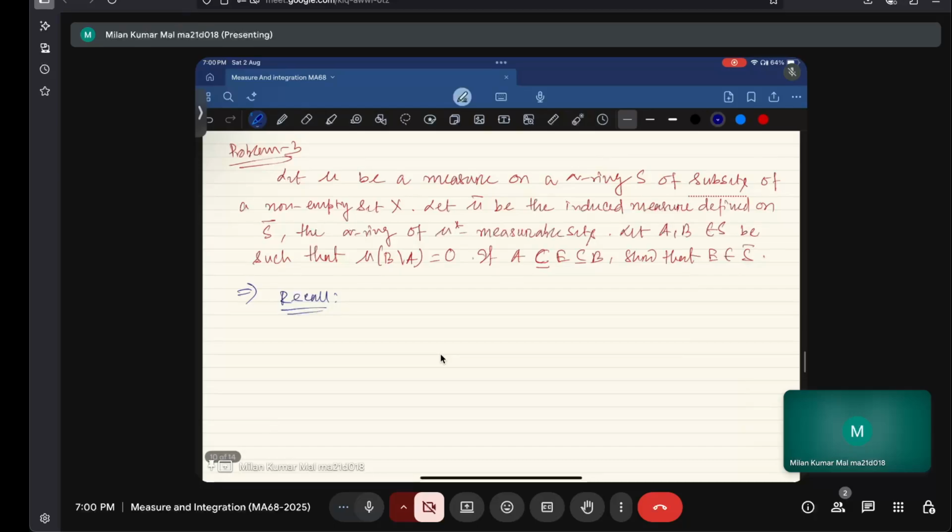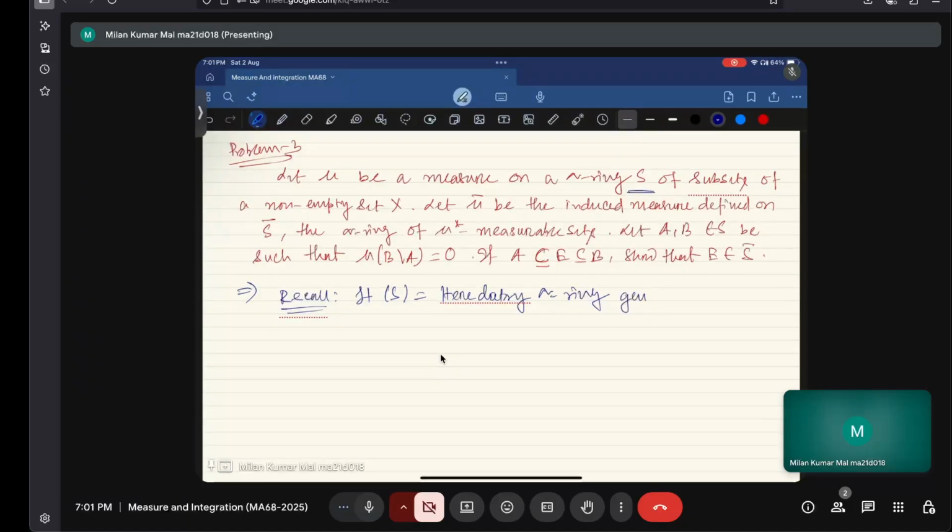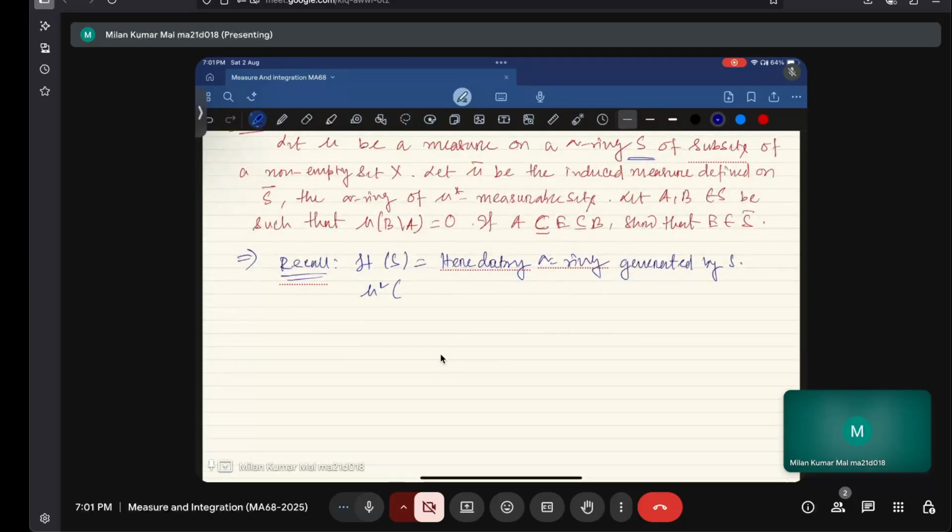First we have to consider the hereditary sigma ring generated by S. This is the first fact. Next, for any E belonging to this hereditary sigma ring HS, which in particular contains S, since the one generated by S always contains S.